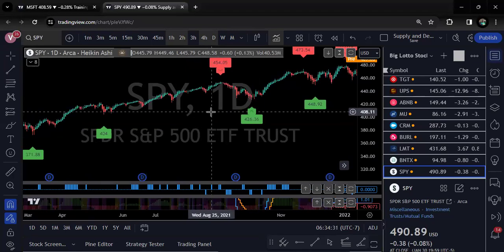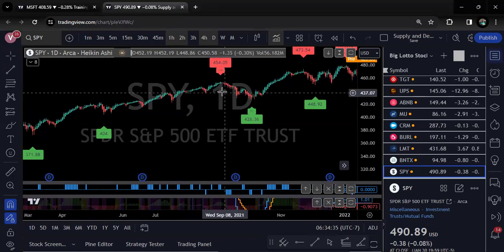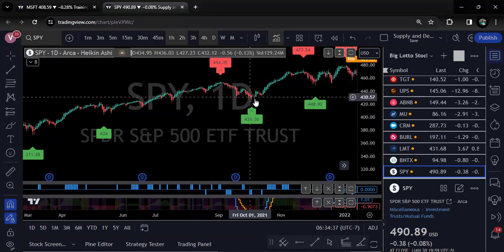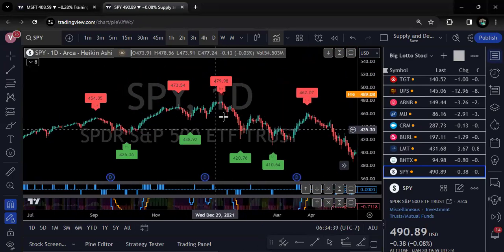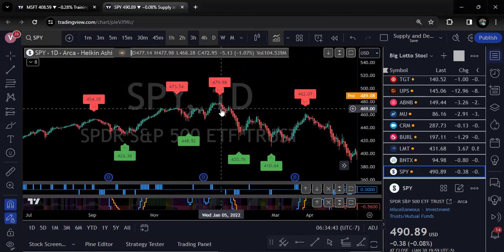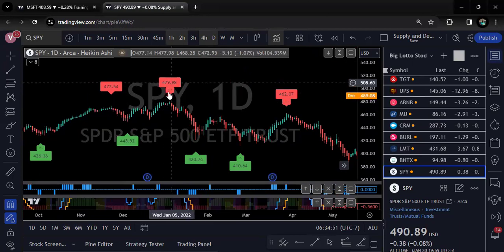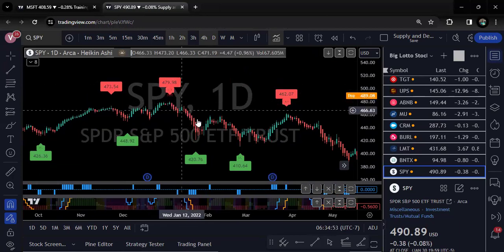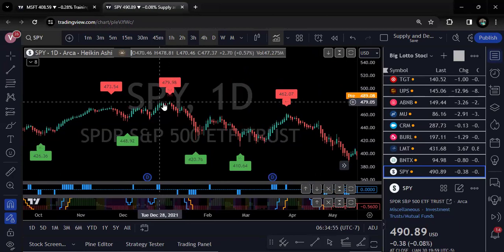So probably we might have interruption because of elections. So this one, we kept going up until we hit 479. So those 2 years, 2020 to 2021, we were affected by COVID, and stocks were just running up for, I don't know, no apparent reason. And then when COVID ended, we started going down. So in December, we started being bearish.